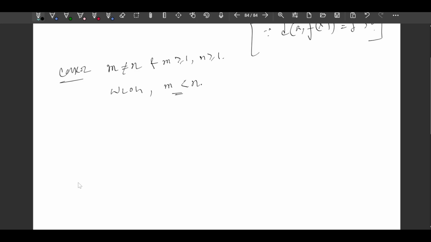किया क्या था पहले? ओके, तो हम यहाँ से कह सकते हैं कि distance of xm comma xn, distance of f to the power m of x naught comma f to the power n of x naught, right? So from here, by the definition of the sequence, मैंने जैसे बनाया था ये सीक्वेंस, उस डेफिनेशन से मैं ये कह सकता हूँ डायरेक्टली। सो और एक चीज, यहाँ पर m is strictly less than n है, right?